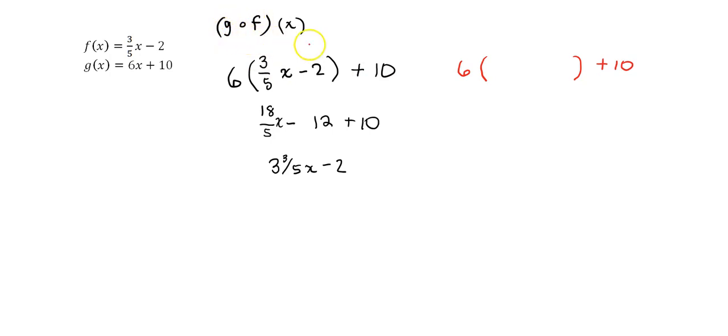Here's my f of x, and that becomes a 3 over 5x minus 2. And again, we get the same answer going this particular route. I wanted to show you that there's two different ways you could have approached this. You could start with the f as the input and work out with the g of x, or you could write the g of x and leave the space for the f of x to be put in. All right, so both of those methods work.